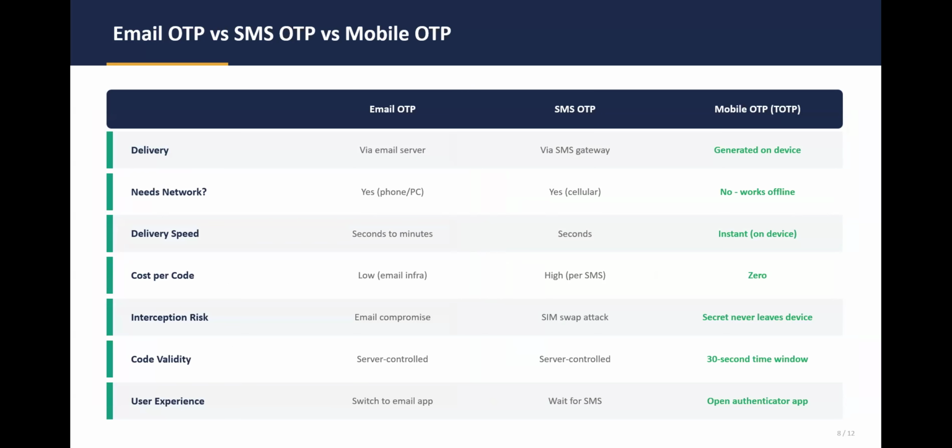Coming to the cost, email requires email infrastructure and SMS costs per message, often the biggest line item. Mobile OTP costs nothing. The codes are generated for nothing. And coming to security, email can be compromised if the inbox is hacked, and SMS is vulnerable to SIM swap attacks. With mobile OTP, the secret never leaves the device after the registration.